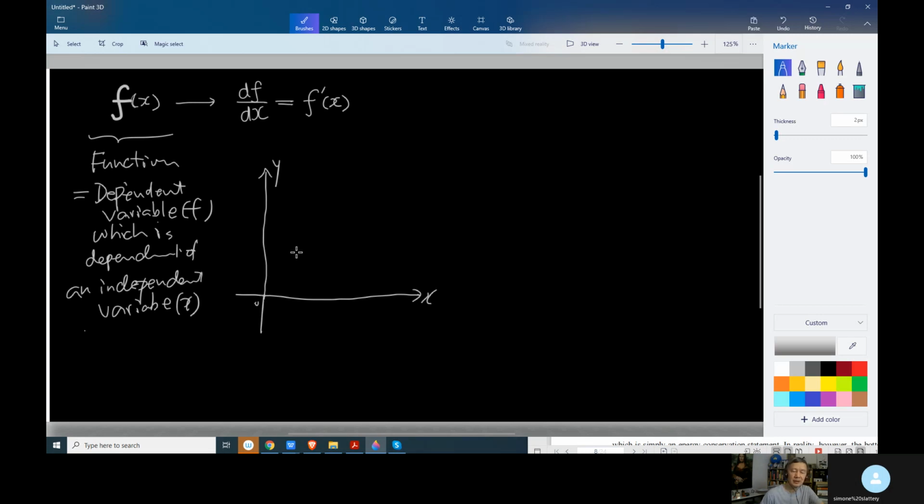These coordinates are very useful because they allow us to plot a function. For example, for one particular value of x, you use this formula. A function is also called a formula, right? If you know this formula, then you should be able to draw the graph.